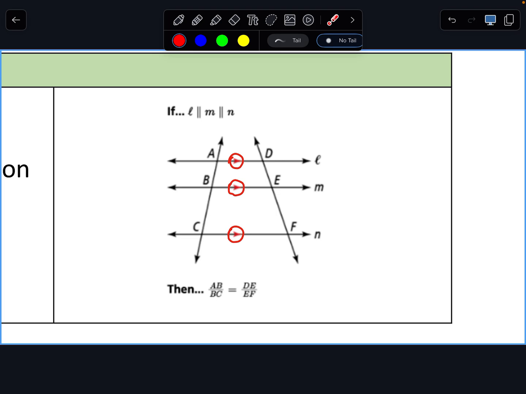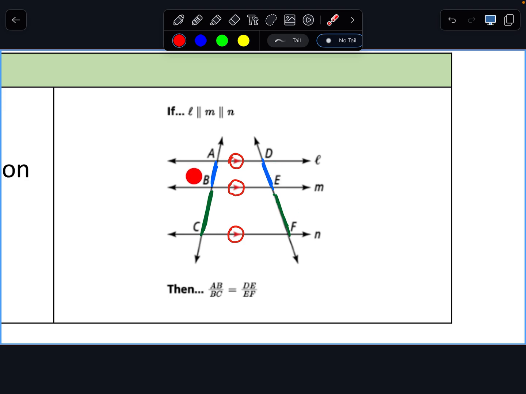On the left, I have the pieces AB and BC. And on the right, I have the pieces DE and EF. What this theorem says is that however AB is related to BC, DE will be related that same way to EF.